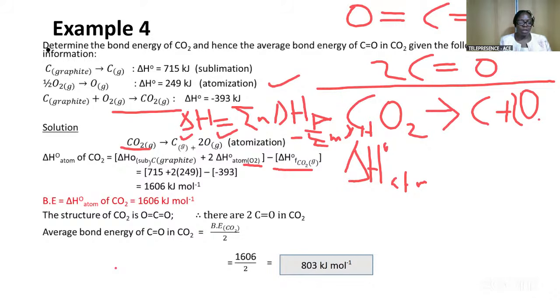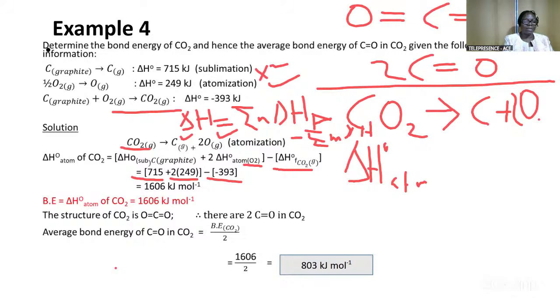That's what I mean. So if we substitute all the values, we have delta H of sublimation, and we have 2 of oxygen formed. So we have to multiply this by 2, and that is what we have there. You multiply this by 2, and then you have the expression for the formation of CO2, because we have now turned the reaction around.